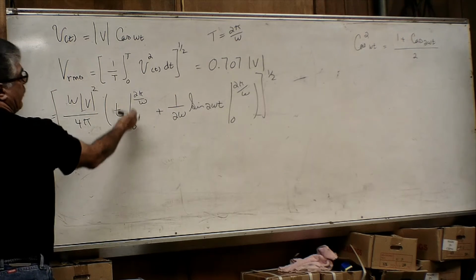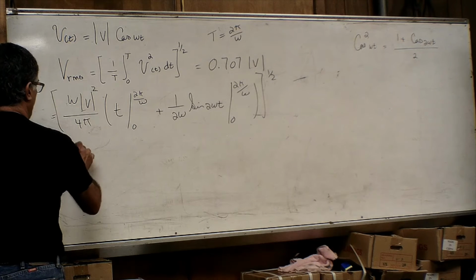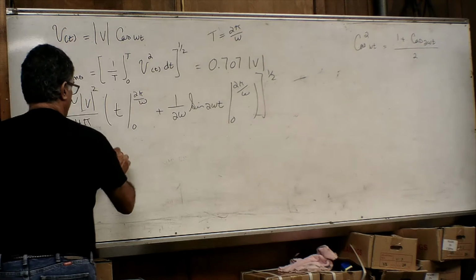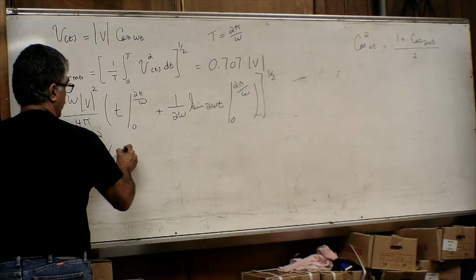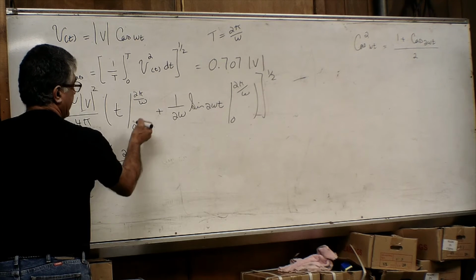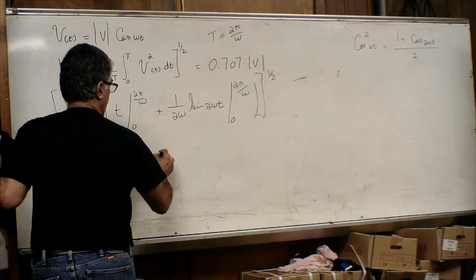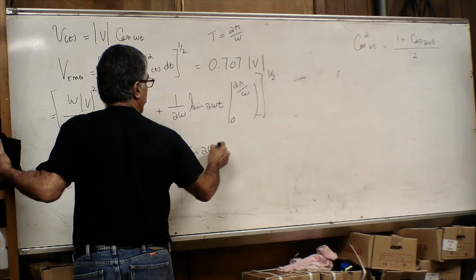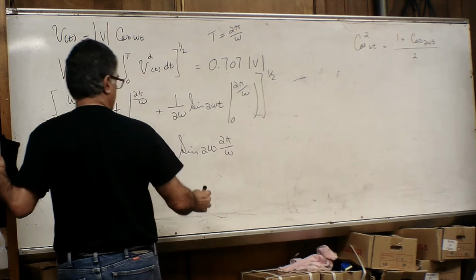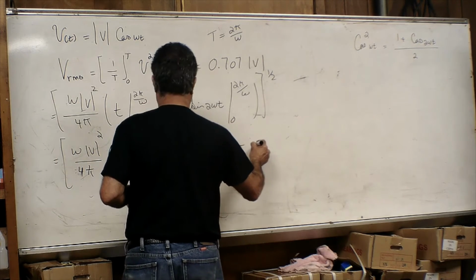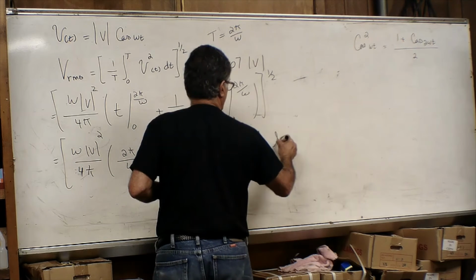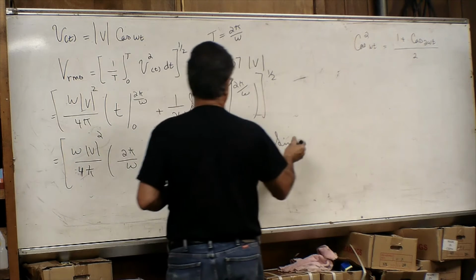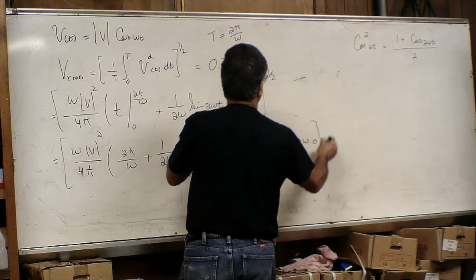Now let's go ahead and apply those limits. We are going to have omega v squared divided by 4 pi, and this will be t from 2 pi over omega minus 0, then plus 1 over 2 omega sine of 2 omega times 2 pi over omega, minus 1 over 2 omega sine of 2 omega times 0, and the whole thing to the power 1/2.